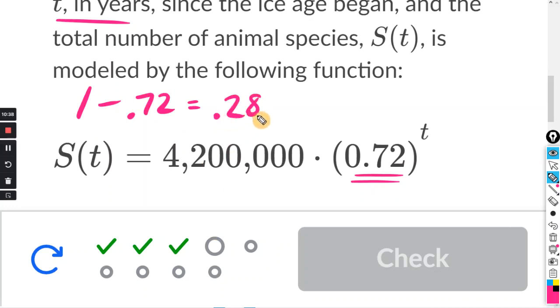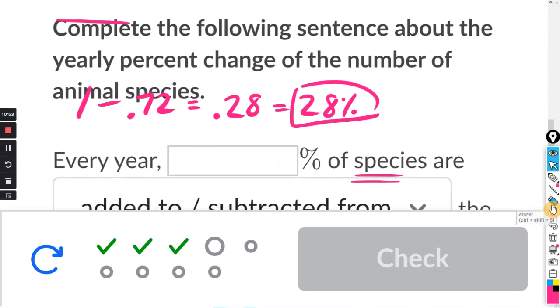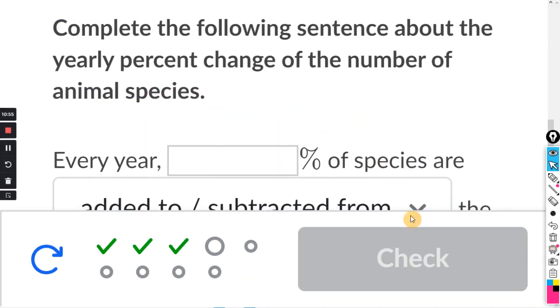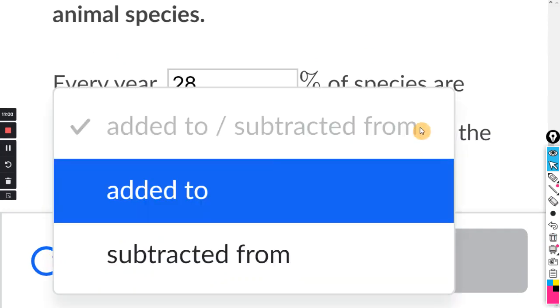Moving the decimal over 2 places, that is 28%. So 28% is removed from 100% each year. All right, so that's all they asked there. Every year, 28% is subtracted from or removed.